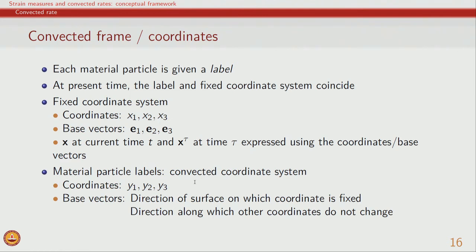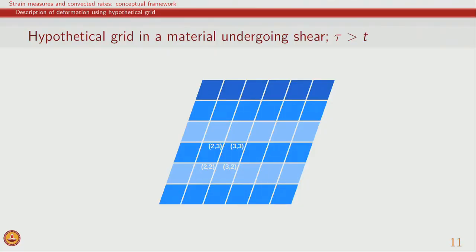We do not really encounter two sets of base vectors in rectangular or cylindrical coordinate systems or in a spherical coordinate system, because we will also show that using these two definitions we will get the identical set of base vectors. So, since the set is identical, we usually do not hear of two independent base vectors, but in case of simple shear we will be able to show how there will be two sets of base vectors, and these two sets of base vectors can describe the deformation and the convected coordinate system.